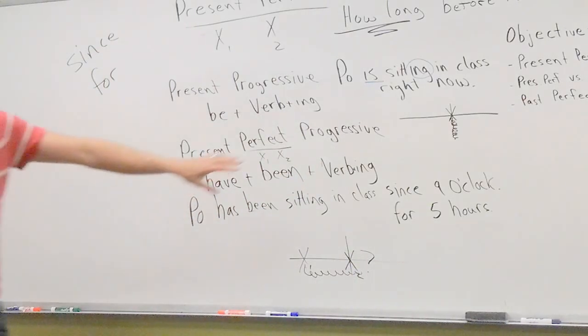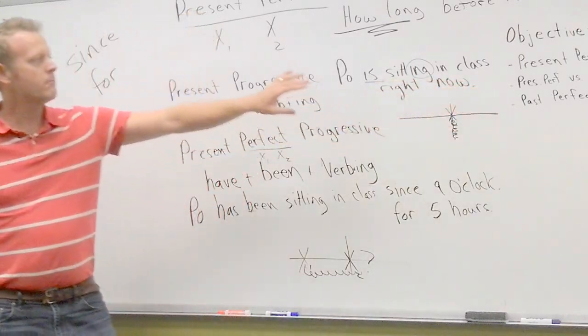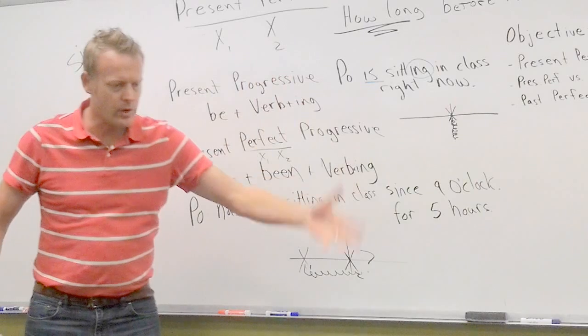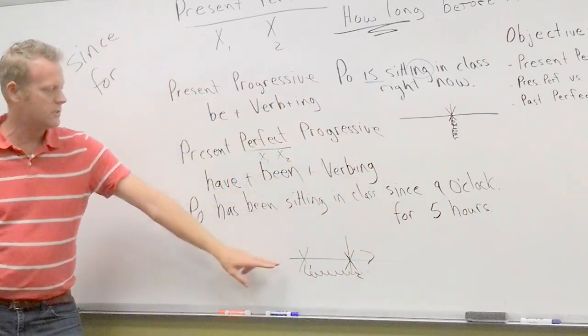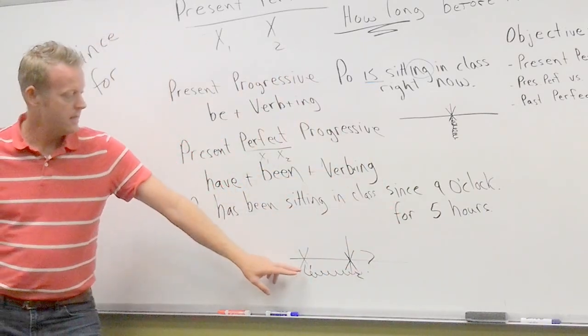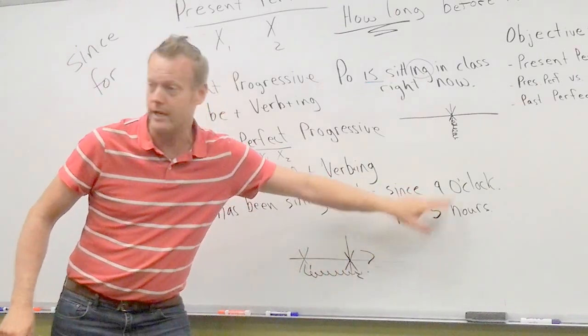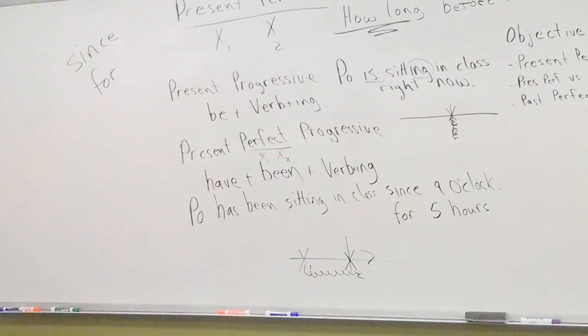So that's the difference in meaning between present progressive, something going on right now, and the present perfect progressive, which means something started in the past and is continuing in motion for a certain amount of time, up through the present and maybe even into the future.